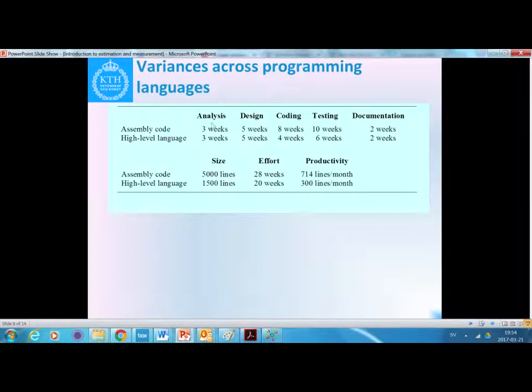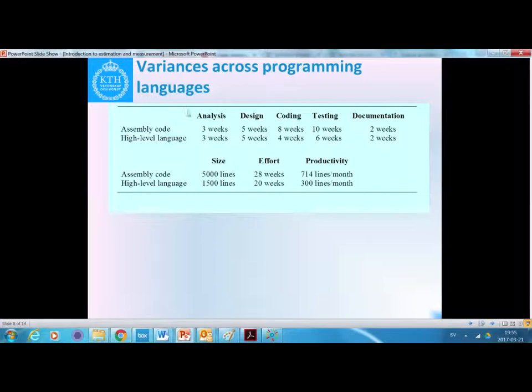Here, in assembly code, analysis takes 3 weeks. Design takes the same number of weeks for both assembly code and high-level language, because you do similar things. There is no distinction between analysis, requirements, specification analysis, and design. But coding takes 8 weeks in assembly code, whereas it takes 4 weeks in a high-level language.